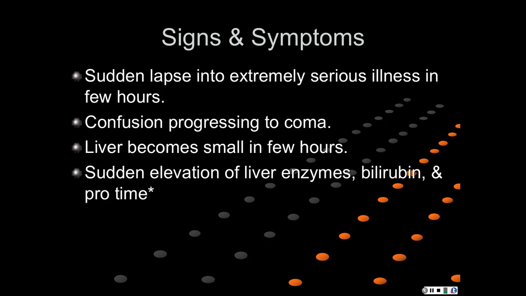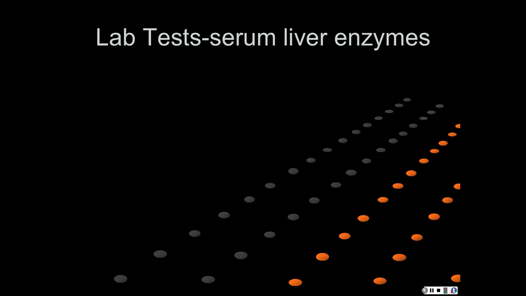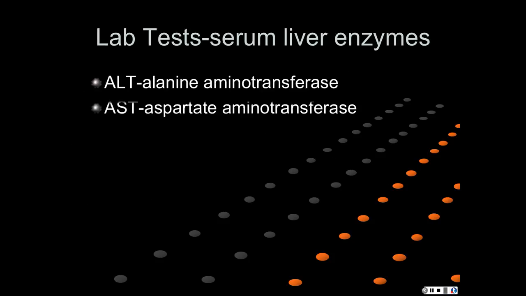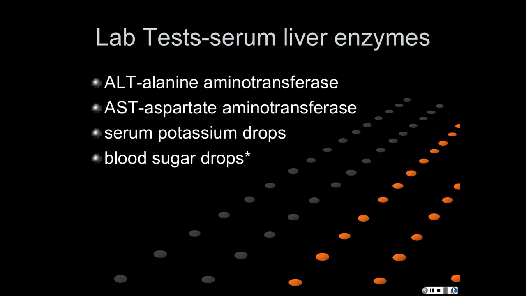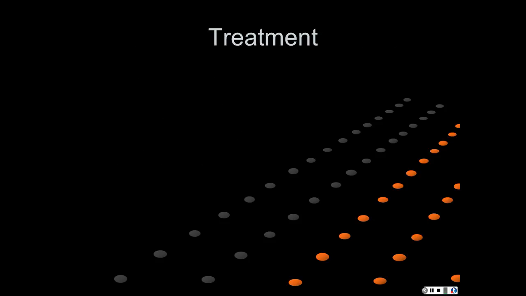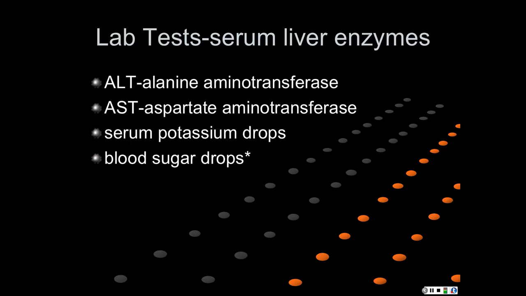And there's sudden elevation of liver enzymes, bilirubin, and protein. Okay. And then the liver test. Oops, let me go back. Earlier on, I talked about the serum liver enzymes, but here I'm just trying to define what they are. But again, like I said, I would not sit there and try to memorize them.